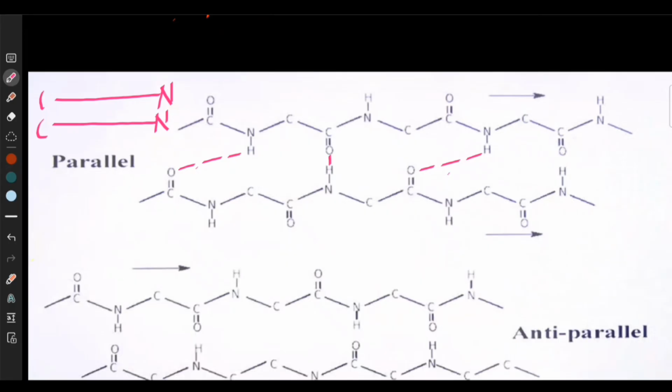This is the reason why the parallel structure of beta sheets is not favorable. That means it is not found much because it is not very stable, because only the hydrogen bond which makes a 180-degree bond will be stable, right?